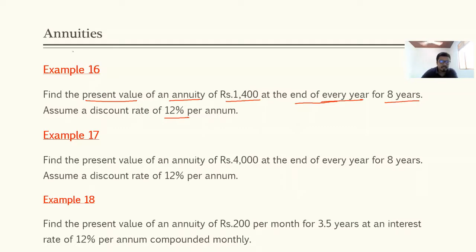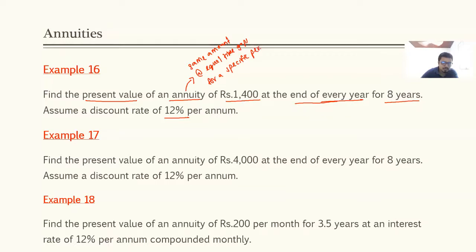This time, as in example 16, we need to find the present value of an annuity. What is an annuity? The same amount at equal time gaps for a specific period.